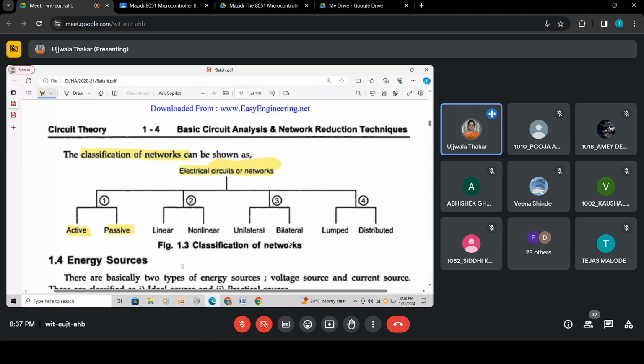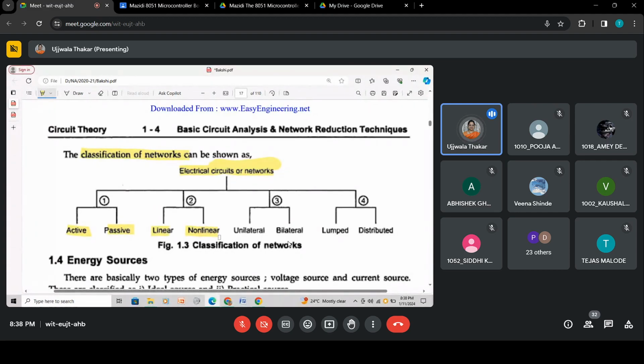Next is again linear and non-linear, where the characteristics of the elements are independent and not dependent on changes in time, voltage, temperature, etc. Unilateral and bilateral: the characteristics depend upon the direction of the current.